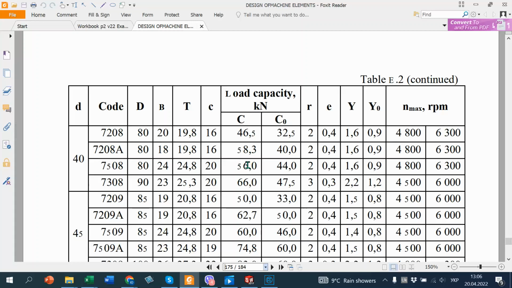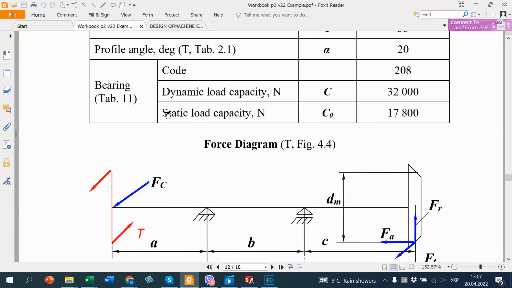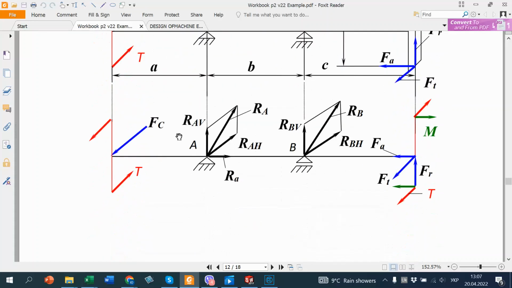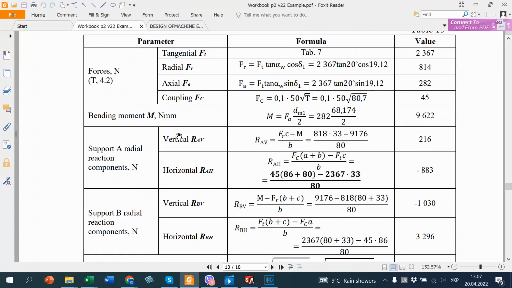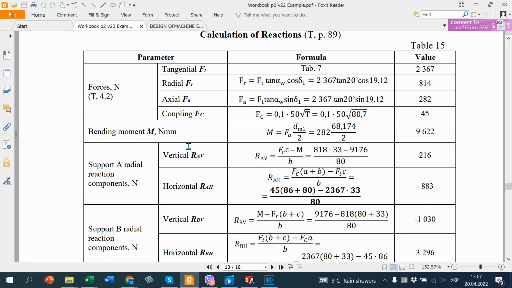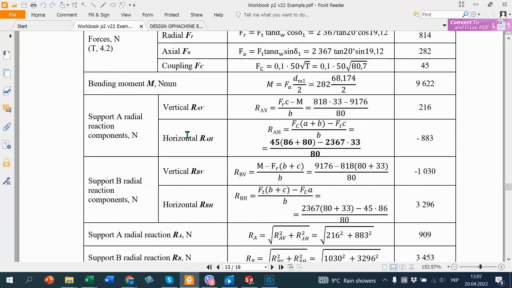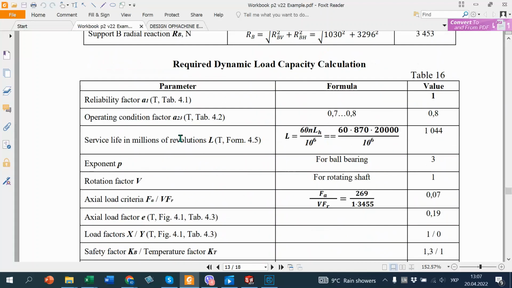In such a case, if you replace the type of bearing, you should recalculate some parameters. For example, instead of 3, it should be 10 divided by 3 here, and A23 should be smaller.